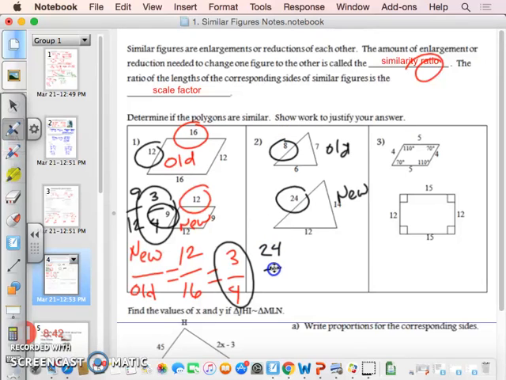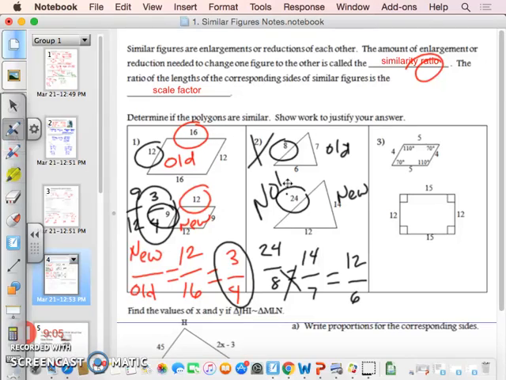Is 24 over 8 equal to 14 over 7? And is that equal to 12 over 6? Well, the answer is no. These are not equal. Those 2 are, but since that one's not equal, no, this is not similar.